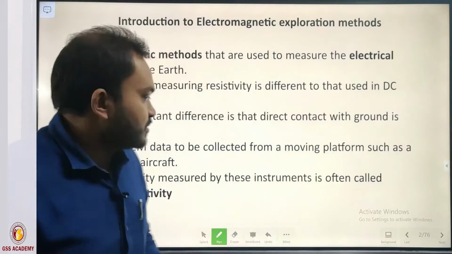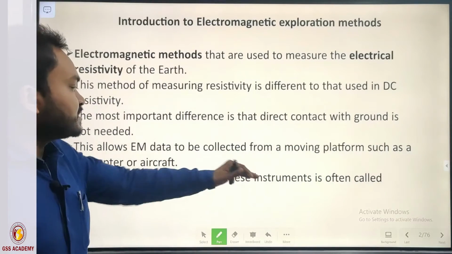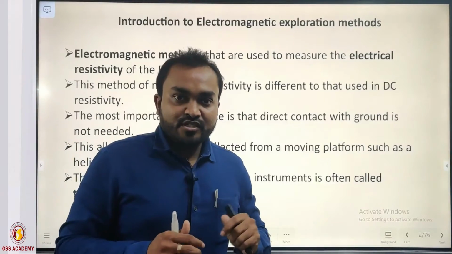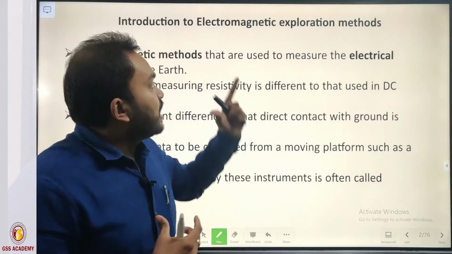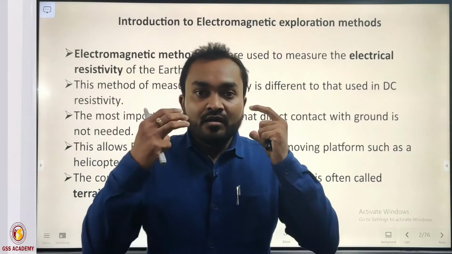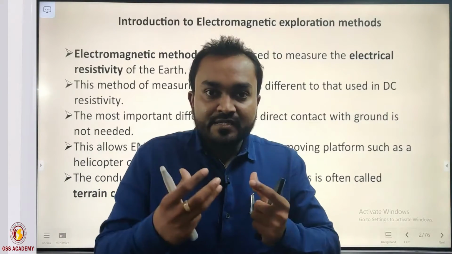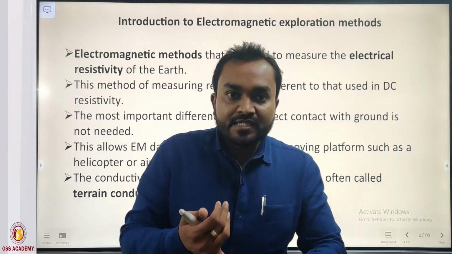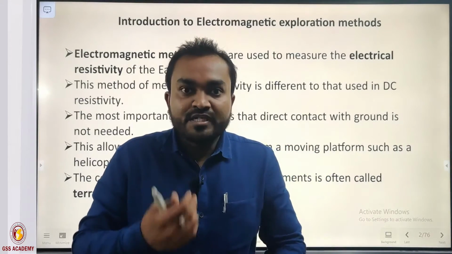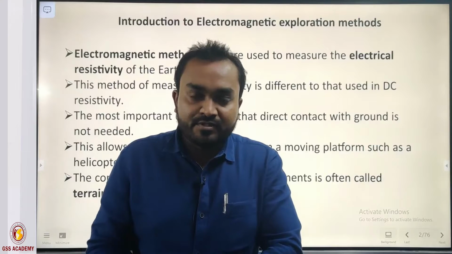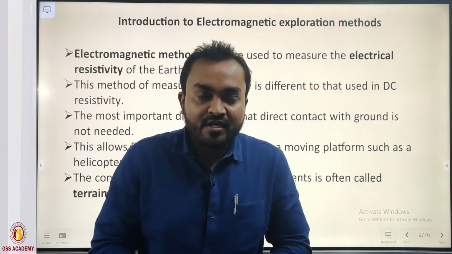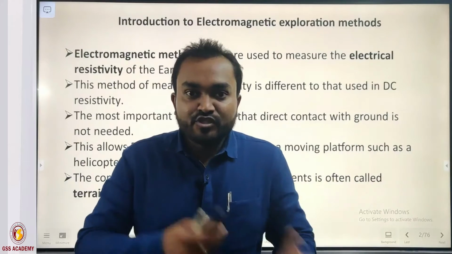electrical method. The conductivity measured by this instrument is often called the terrain conductivity. So this is how our electromagnetic methods basically work. It is contactless, so we can easily put it in a moving vehicle like an aircraft or helicopter, and we measure the resistivity or conductivity.